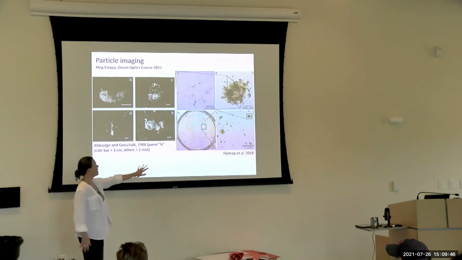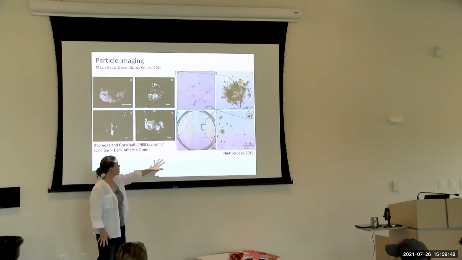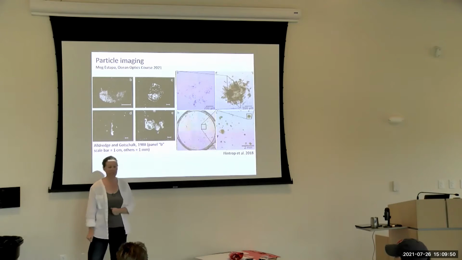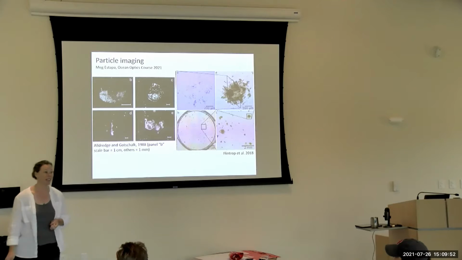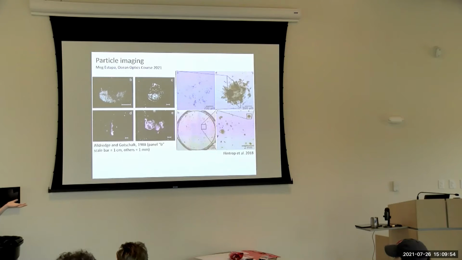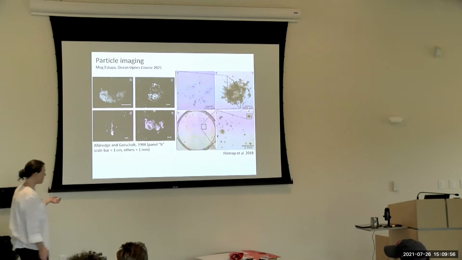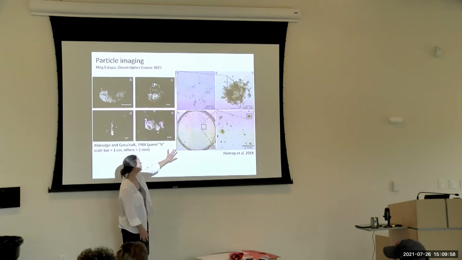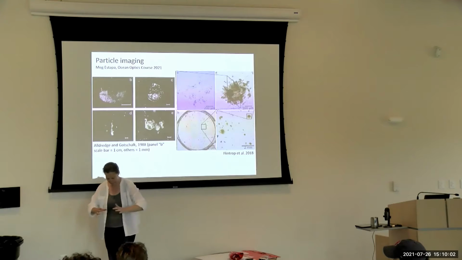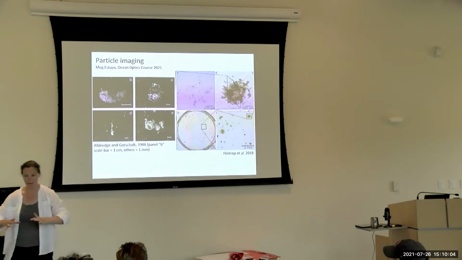On the right-hand side are some images from Clara Flintrop in 2018. She's also looking at marine snow collected in a sediment trap. This lower left-hand image, you can see we're looking down into a gel collector at the bottom of the sediment trap.